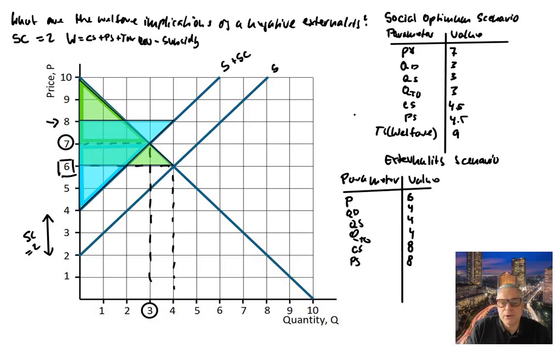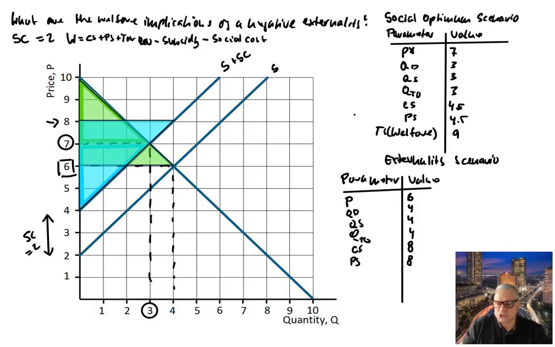But now what we also need to do is we still have to subtract the social cost. Okay, so why do we have to subtract the social cost? Well, because we got to pay for it. You see again there's this overlap of consumer surplus and producer surplus, and so we have to subtract that, and so because it is a cost we have to subtract it.